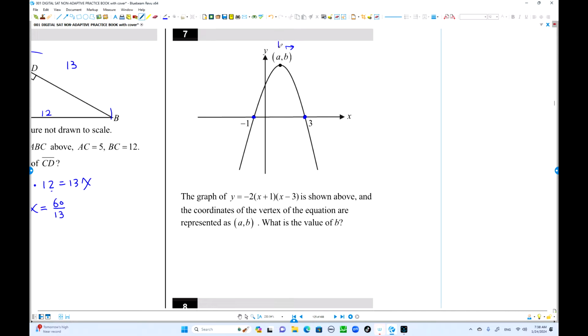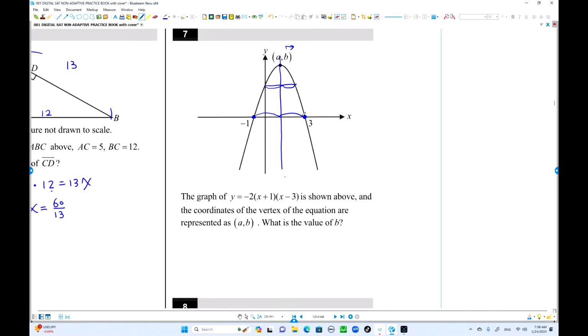Where is the axis of symmetry? This is the axis of symmetry. Right, exactly symmetry about this line, right? To the right and to the left, always the same distance.